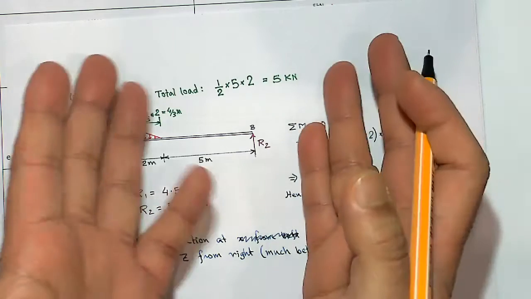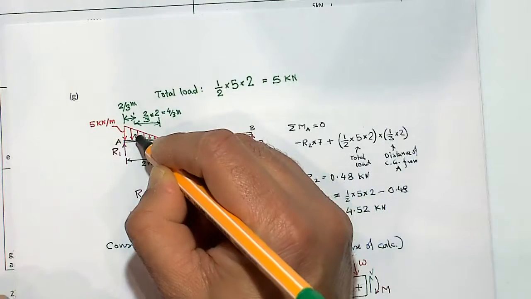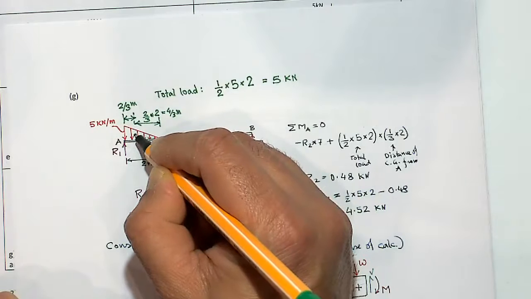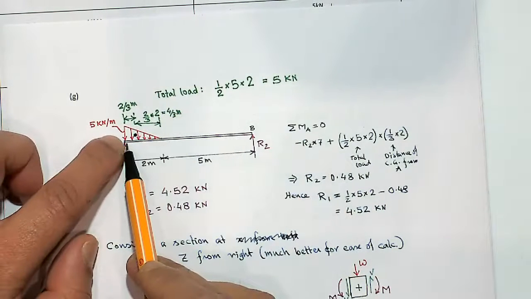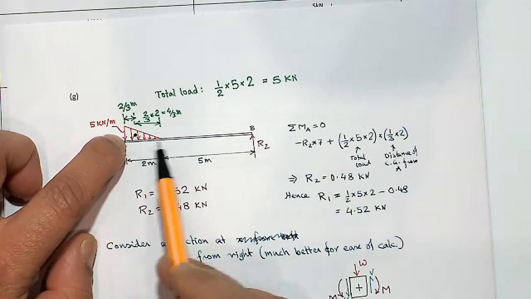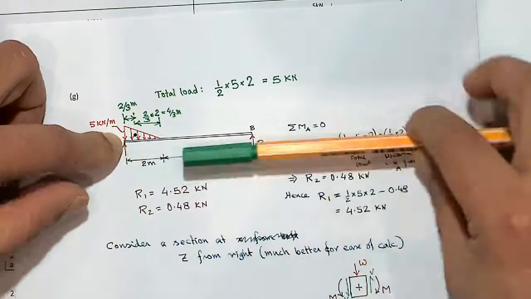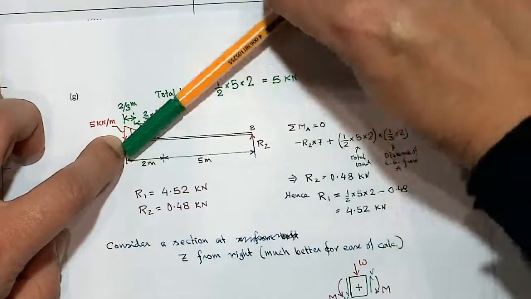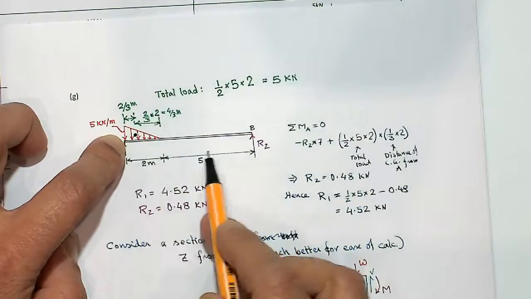So we'll assume this 5 kilonewton load is concentrated at the centroid to calculate my reaction force. To calculate the reaction force, I can take moment about point A equal to 0. Then R2 is the reaction force, creating moment in an anti-clockwise fashion at a distance 7.